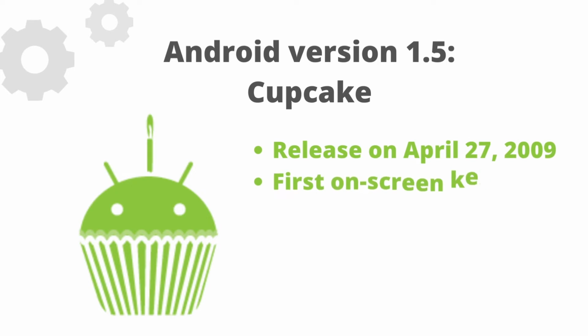Next is Android version 1.5 Cupcake. On April 27, 2009, Android updated to 1.5 with a codename based on a dessert item, which is Cupcake. Cupcake introduced numerous refinements to the Android interface, including the first on-screen keyboard that was supported by a third-party virtual keyboard.